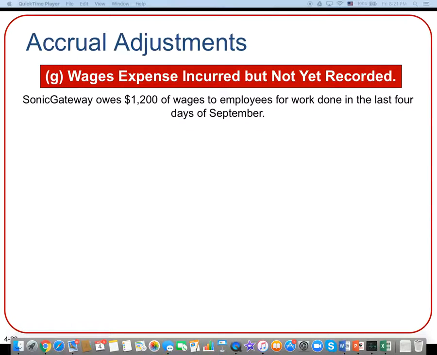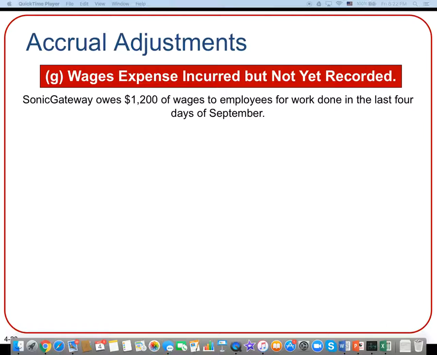And then another accrual adjustment: wage expense incurred but not yet recorded. We don't normally pay wages at the end of a month. Sometimes you have to pay early, sometimes you pay later. In this case, Sonic Gateway owes $1,200 of wages to an employee for work done in the last 4 days of September.